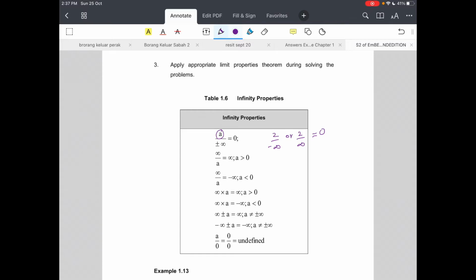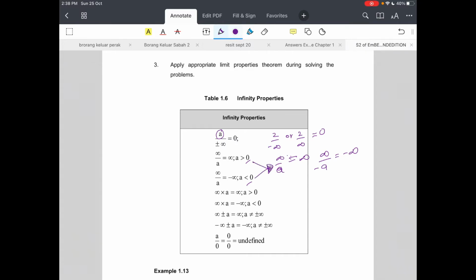If infinity is divided by a, where a is either greater than 0 or less than 0, the answer will be infinity if a is positive, and negative infinity if a is negative.